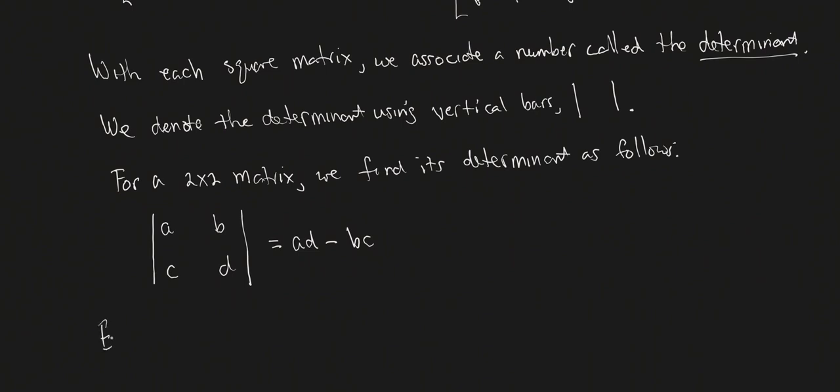So let's just do a quick example of this. Let's say I have the matrix -4, 10, 2, and 11, and I want to compute its determinant.